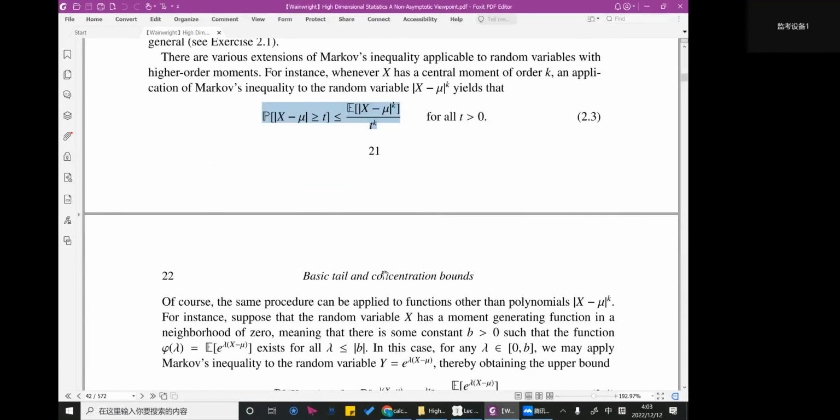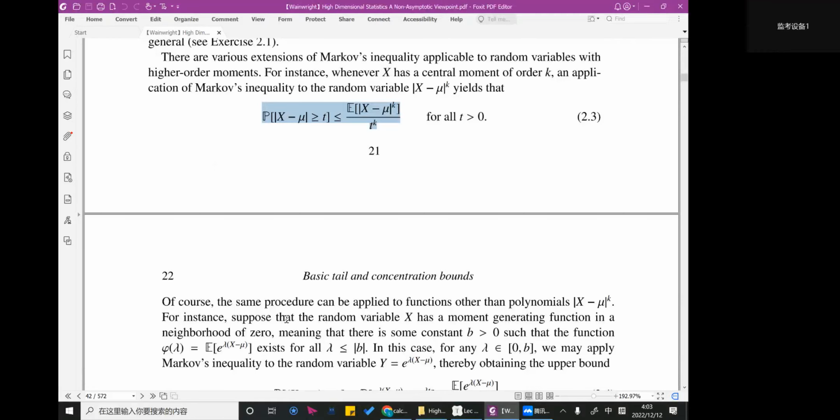So you may think that this procedure can be applied to functions other than polynomials, and an intuitive way is to consider the exponential function.